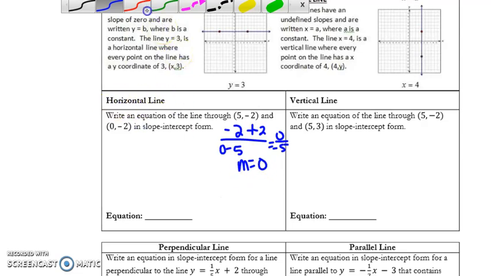And then you go, oh, okay, a horizontal line. Well, notice that they have the same y value because it's y equals that number. So every point on that line is always going to have a y value of -2.